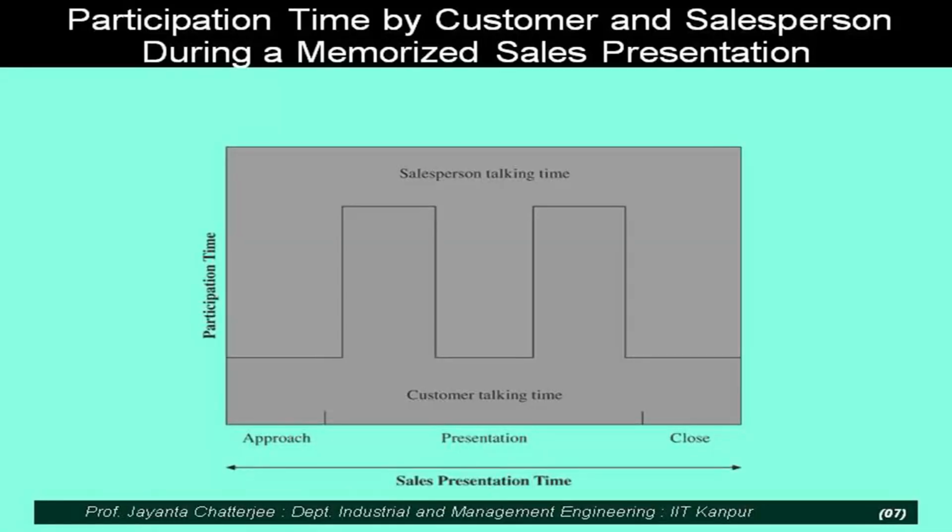Even though you have something coming up which is already anticipated, do not cut short the process. So allow this flow of talk and listen to happen, and allow sufficient time, more time to the customers to talk.